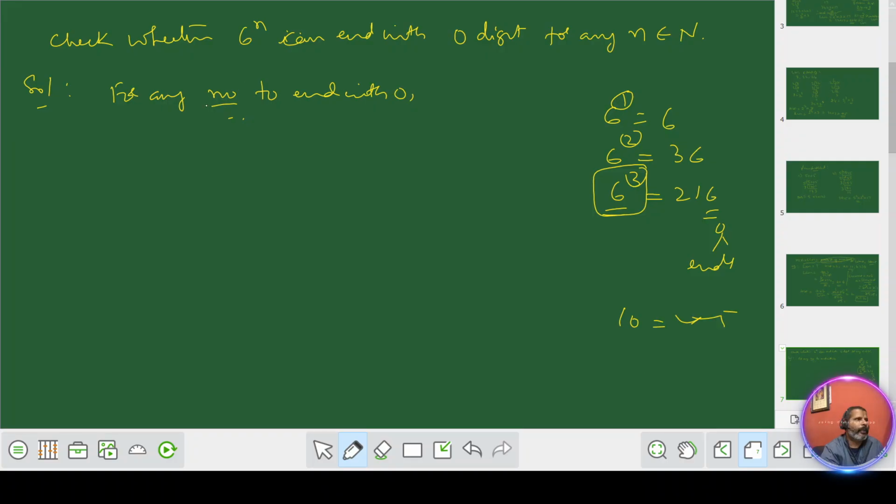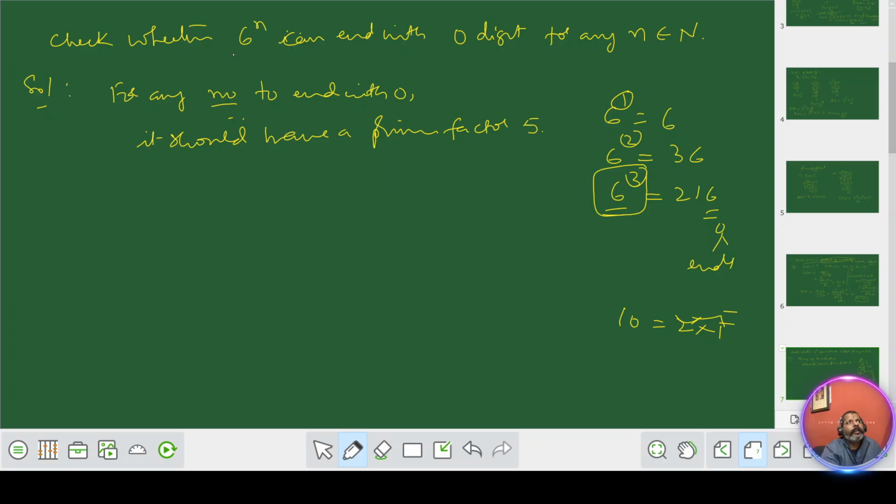Like that, for any number to end with 0, it should have a prime factor 5. Remember this, you have to write in this way only for this kind of questions. It's a 2 marks question.